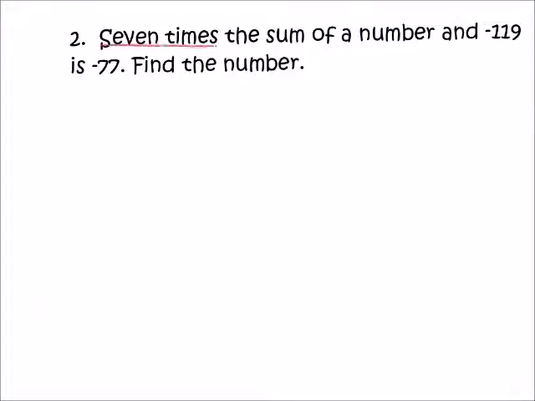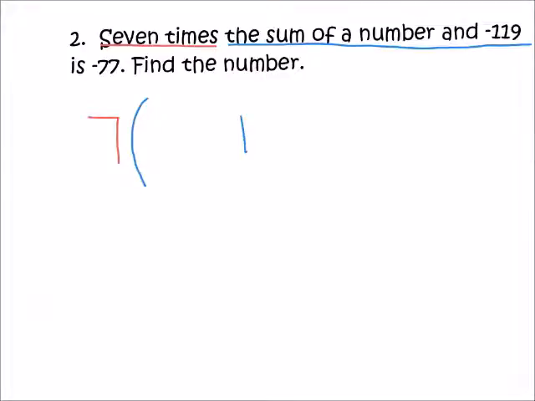So we're going to take it little bits at a time. So first we have 7 times a number. So we have 7, and we know we're going to multiply it, but let's look to see what we're going to multiply it to. So 7 times the sum of a number and negative 119. So we're going to multiply it to a whole quantity.